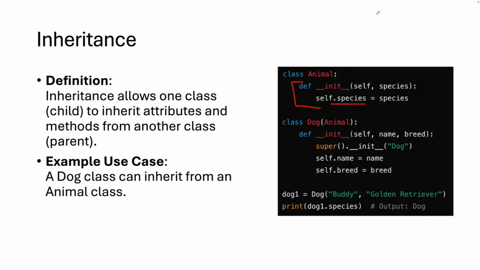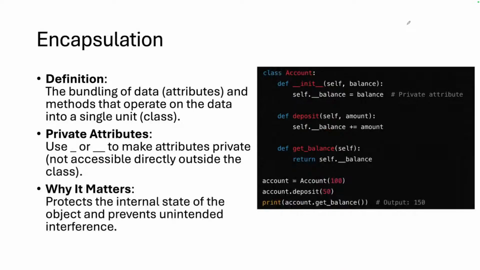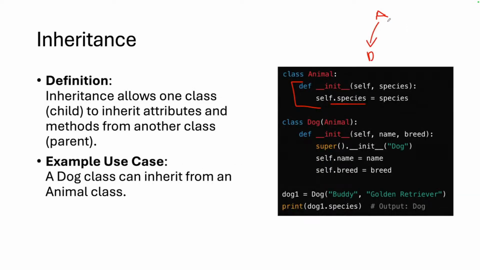Well, we can have an animal class that is the parent class. And inheritance can be passed both to our dog class and to our cat class. And so whether it's attributes or whether it's methods or functionality, it can be passed to both classes.